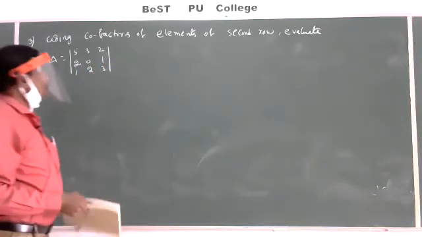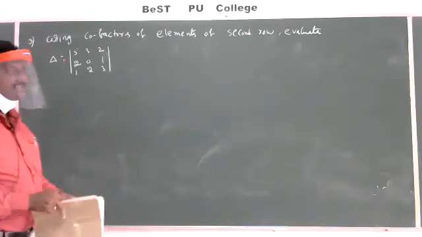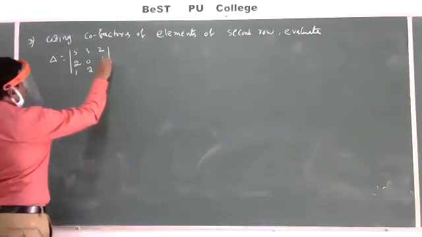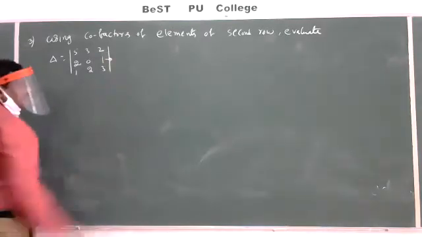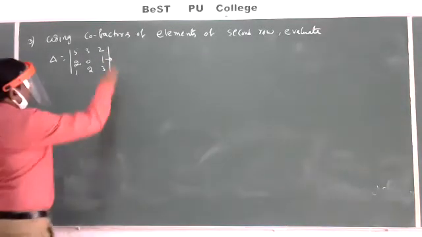Evaluate the determinant using second row cofactors. That means you have to apply the second row elements and second row cofactors.